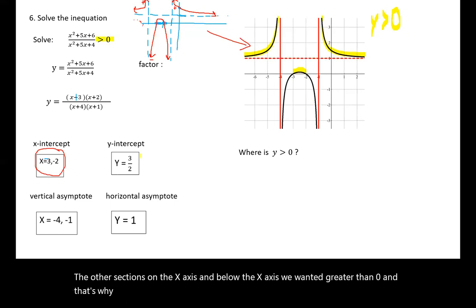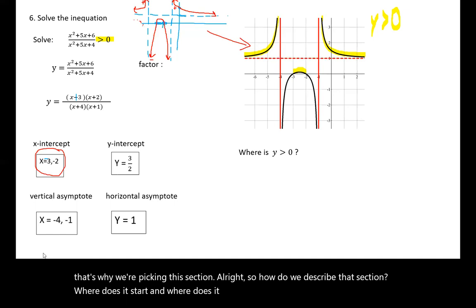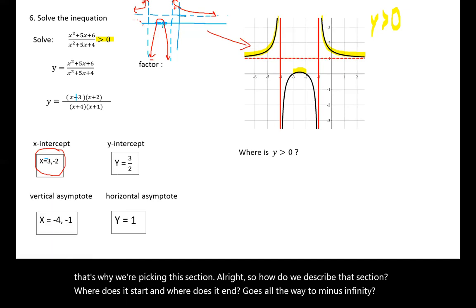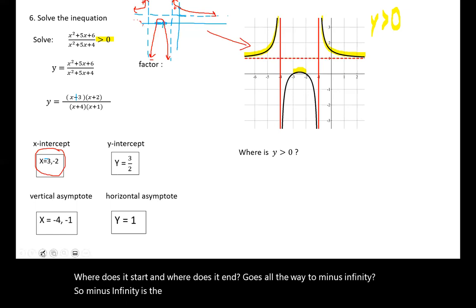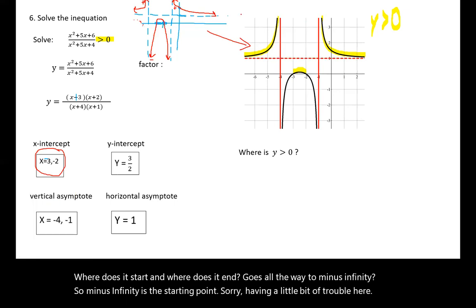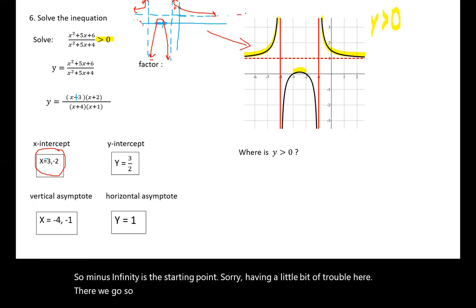All right, so how do we describe that section? Where does it start and where does it end? Goes all the way to minus infinity. So minus infinity is the starting point, and it ends at minus 4.